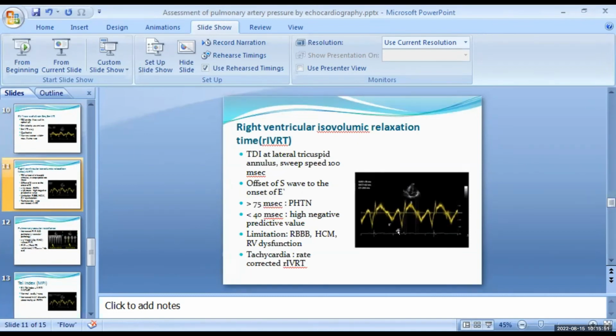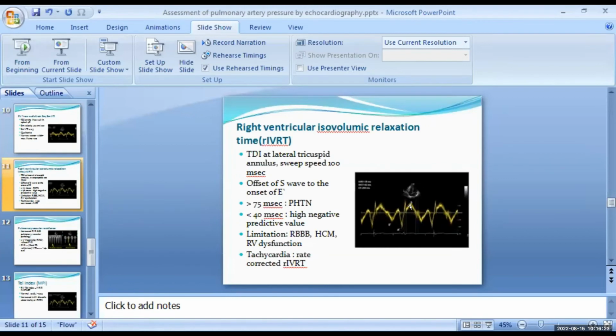The recording should be done at the sweep speed of 100 millimeters per second, and the time is measured from the offset of A wave to the onset of E prime. If it is more than 75 milliseconds, it is suggestive of pulmonary hypertension. If it is less than 40 milliseconds, it has very high negative predictive value. That means the patient's chances of pulmonary hypertension is very less.